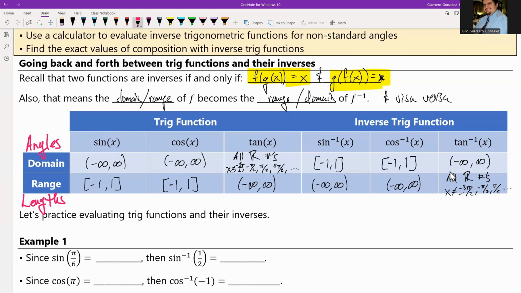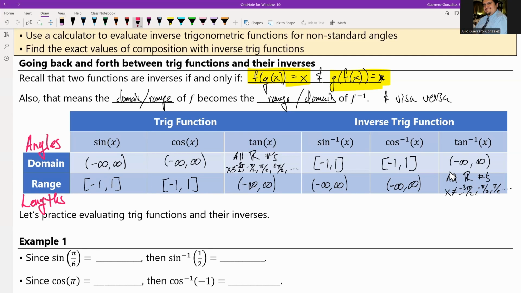Cosine of a particular angle was a particular length on the unit circle, in particular the x, and then tangent was going to be the ratio of the two. That was what happened with good old regular trig functions. We gave it angles, and it gave us lengths.